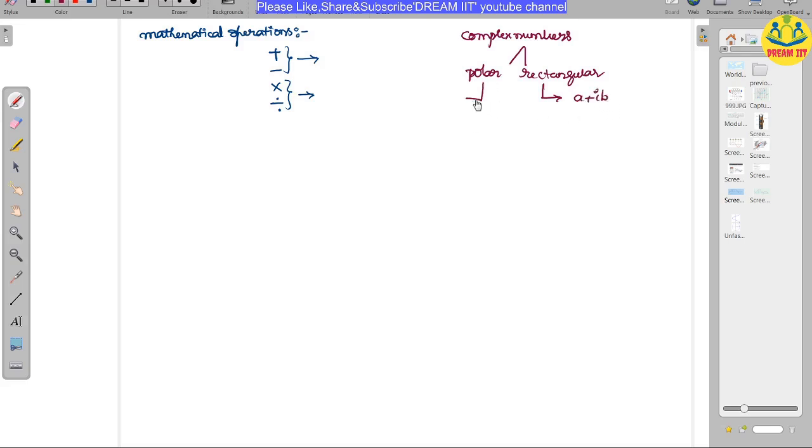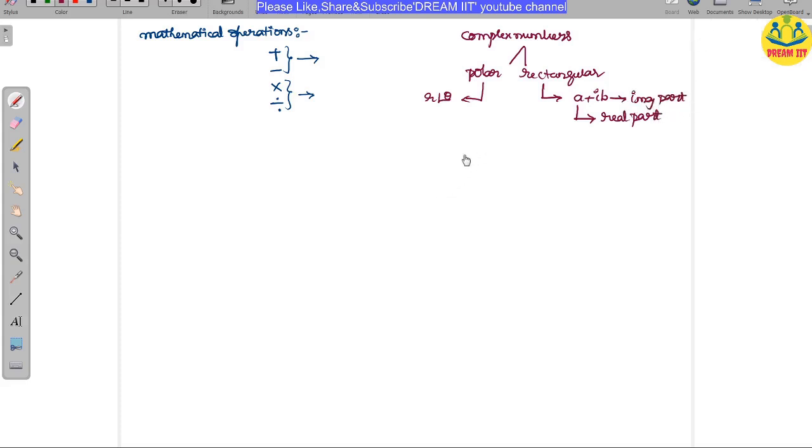Polar form can be represented as r at an angle theta. They are both related. So what is this a? Here it is the real part, you know this from mathematics. And what is this b? It is the imaginary part. This you also already know.